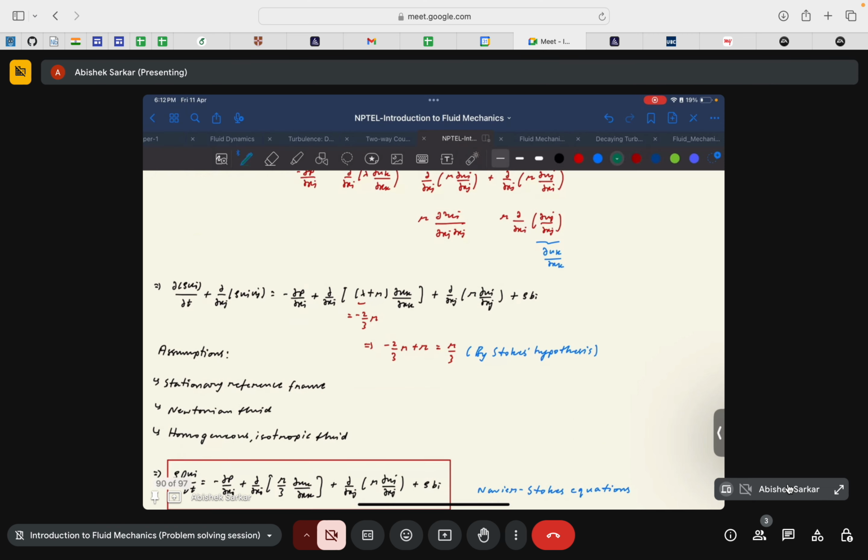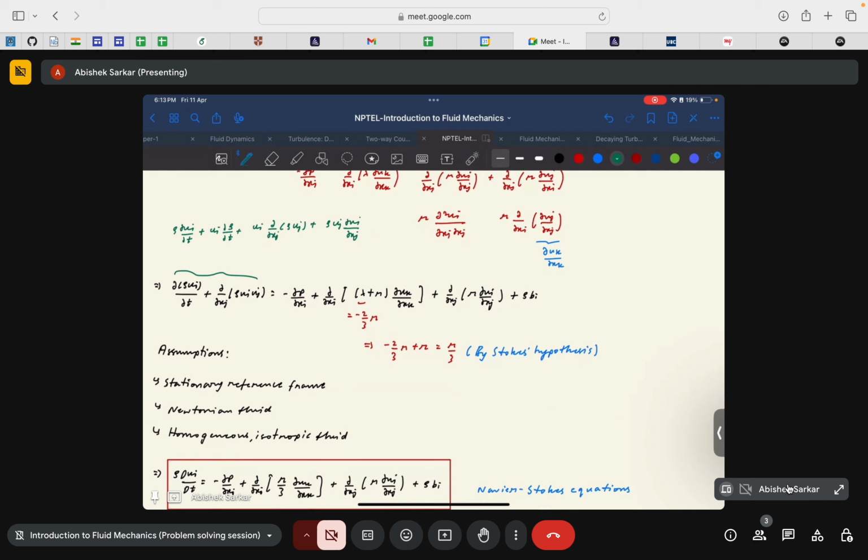It would be ρ ∂ui/∂t plus ui ∂ρ/∂t plus ui ∂/∂xj of ρuj plus, yes, you have to use the same term, ρuj ∂ui/∂xj.